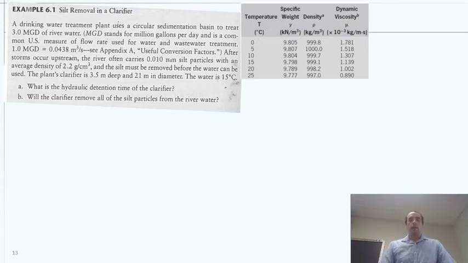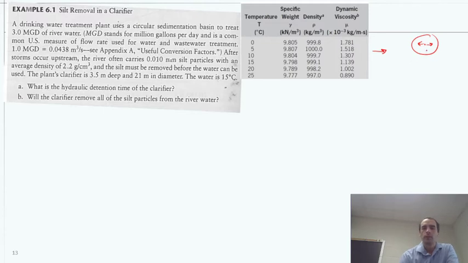Okay, so with that, example 6.1, we had a drinking water treatment system. We were given some information. We've got some flow going into our circular clarifier, and really that flow is going to go from the inside out, right? So it's going to be a system where we're pumping the water in, and then from the middle point, it's being pushed outwards.